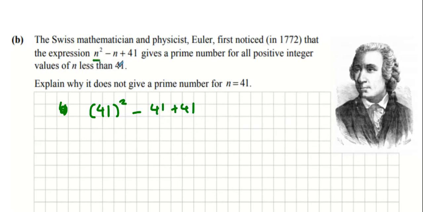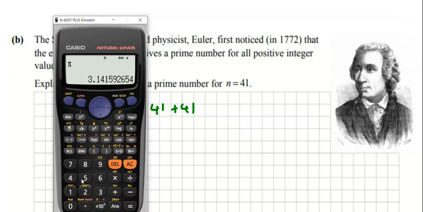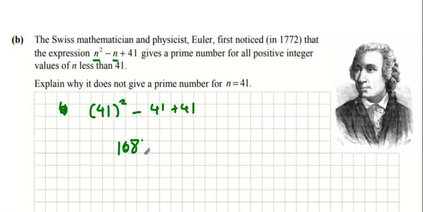Basically replacing n with 41. And then we get 41 squared, which is 1,681. The other 41s cancel. But this has factors of 1 multiplied by 1681, and also 41 multiplied by 41.